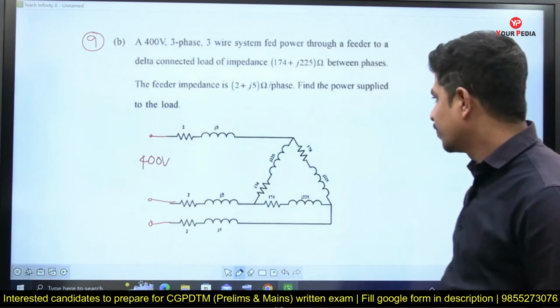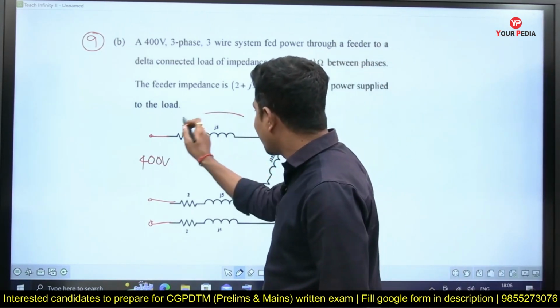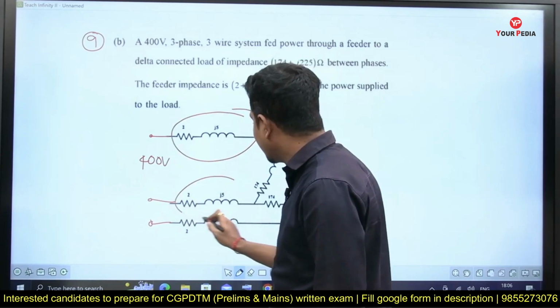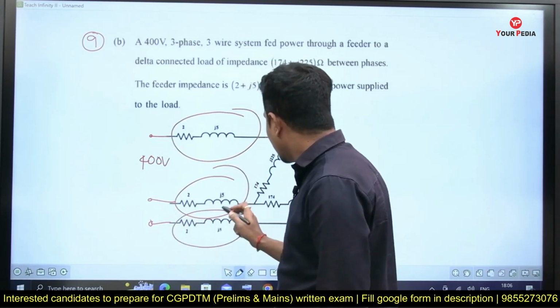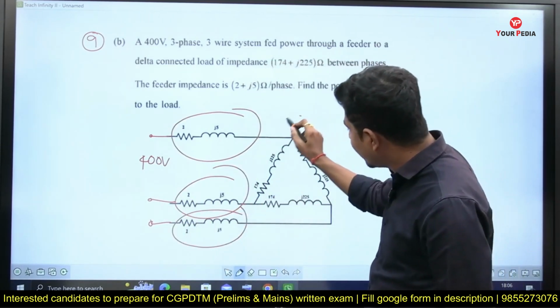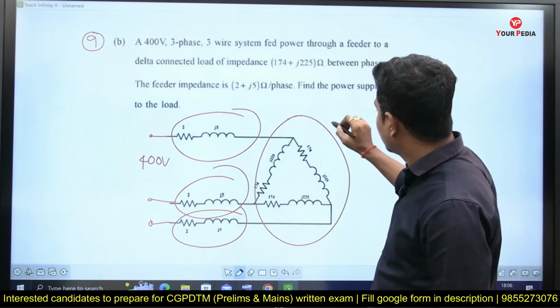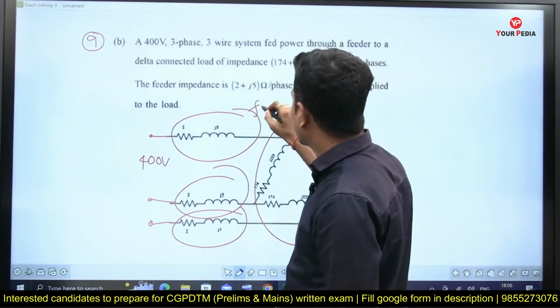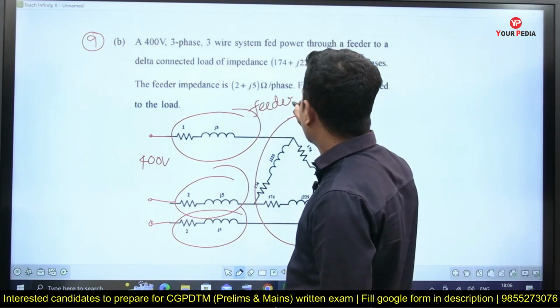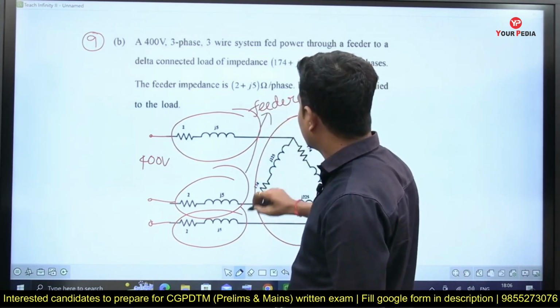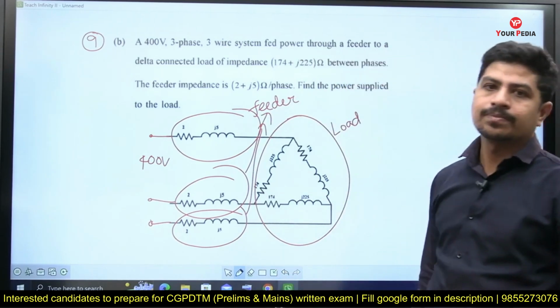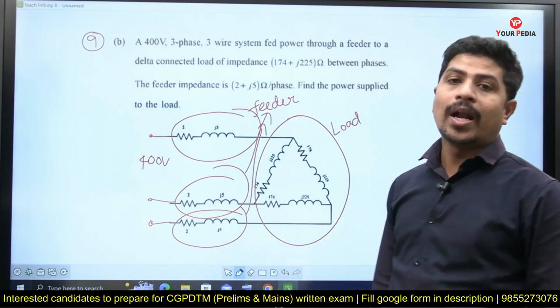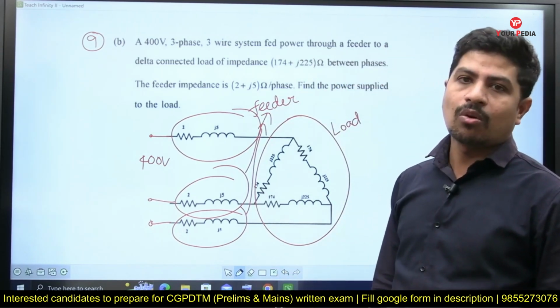Now he is saying that these are feeders, and these feeders are feeding this load. These are the feeder wires. What is the supply voltage? 400. That is line voltage, not phase voltage.